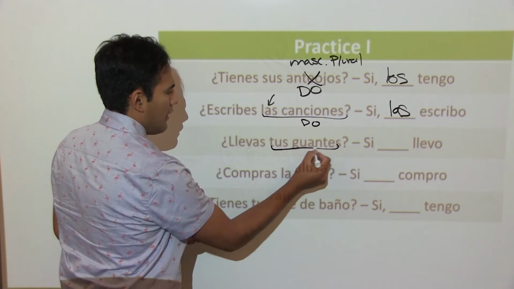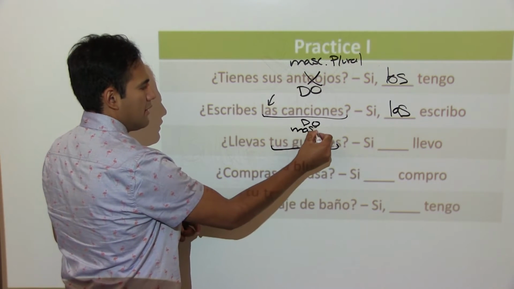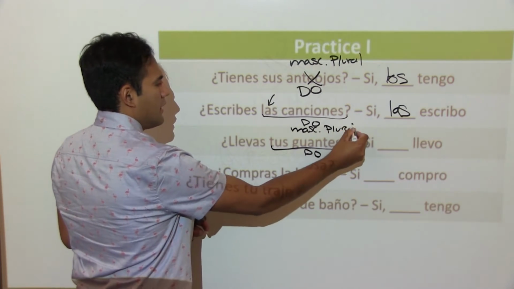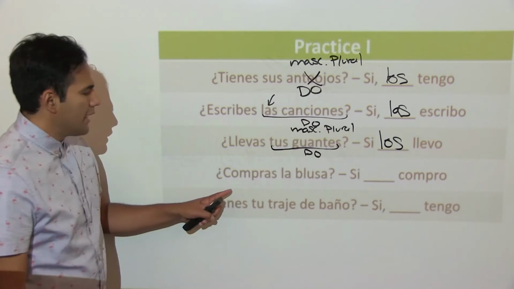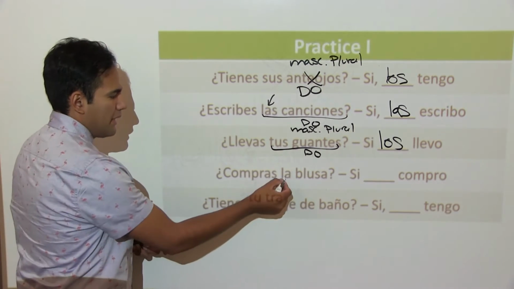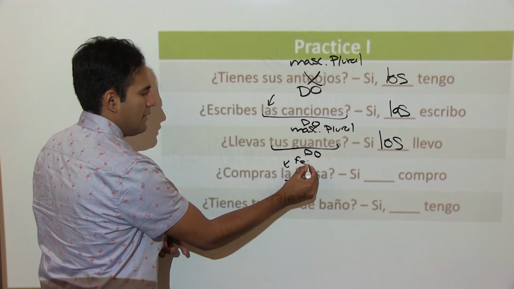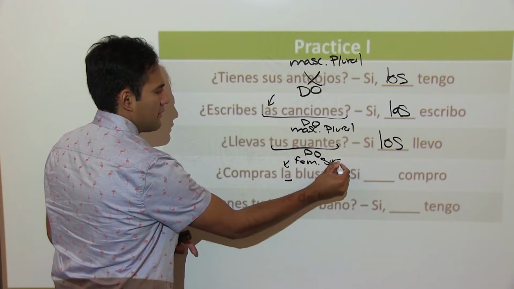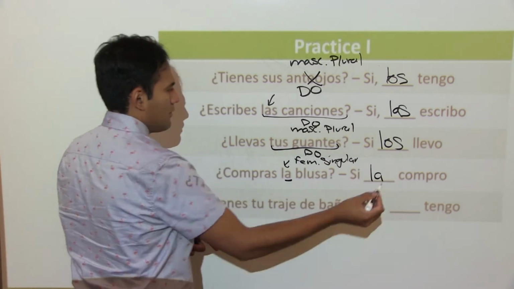Here we have our direct object, guantes, which is masculine, plural. So it's going to be los. Next one, ¿compras la blusa? Do you buy the blouse? We have an article which gives it away. It's feminine, singular. Therefore, it's going to be sí, la compro.